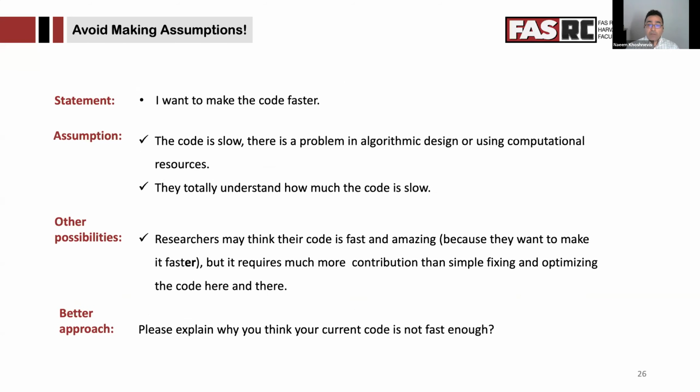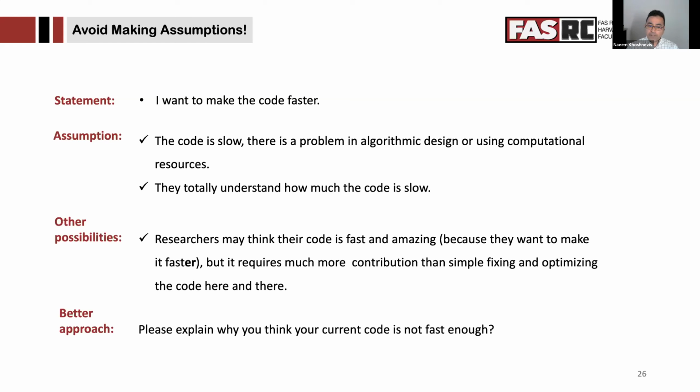Another option is, I want to make the code faster, and you hear this a lot. So your assumption is the code is slow. The problem is algorithmic design or use of computational resources, and the researchers totally understand how slow the code is.